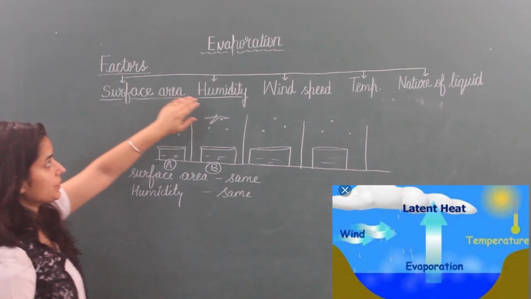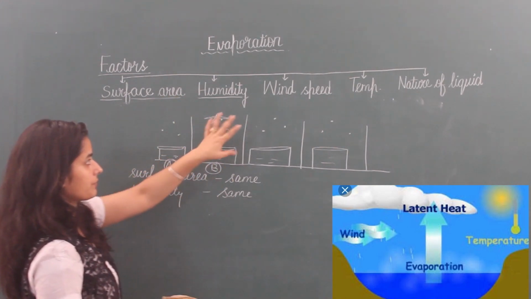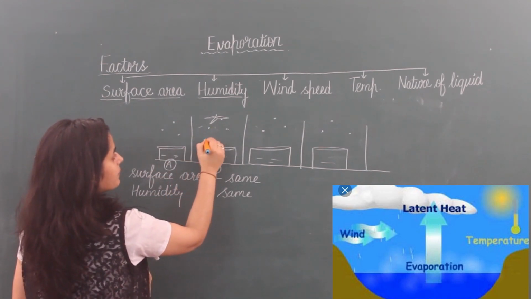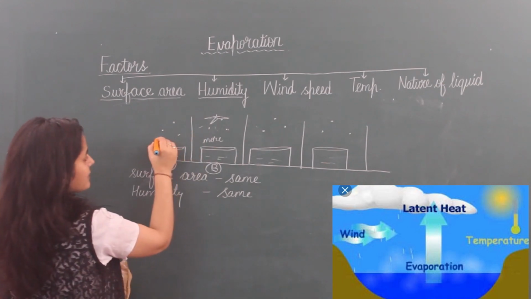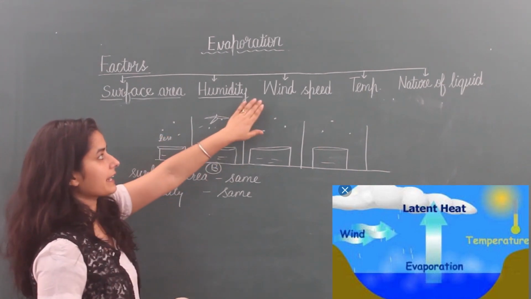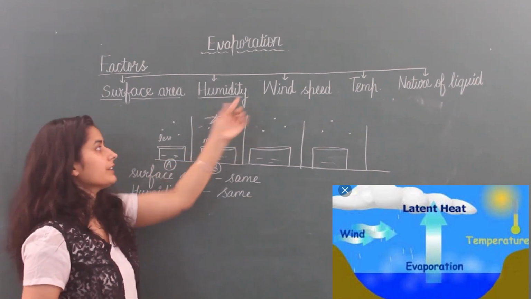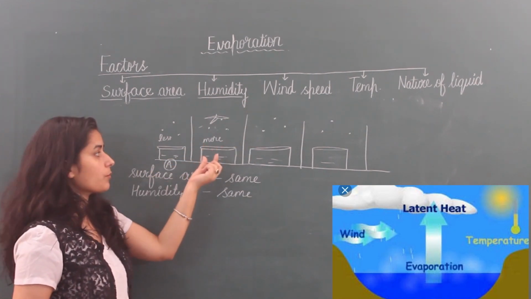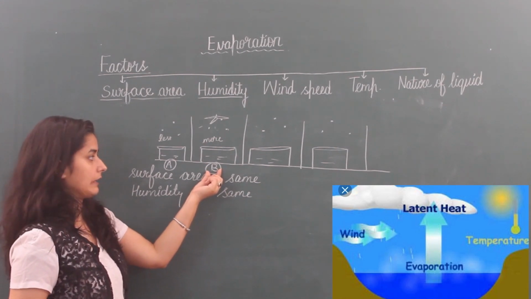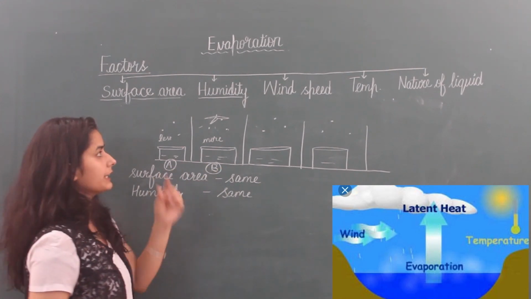Surface area same, humidity same. Now wind speed is different. When fan is there, here wind is more. No fan is there, wind is less. So wind speed is directly proportional to evaporation. Here wind speed is more, so more evaporation will take place in B container and less in A container.